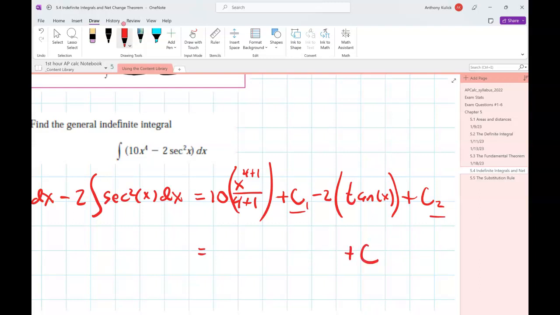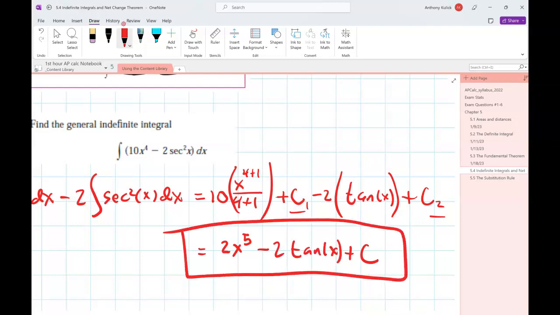I'm just going to call it c. You could call it c3. That's fine. I'm just going to call it c. So what I have, 10 times x to the 5th over 5, just becomes 2x to the fifth, and then negative 2 times tangent x is negative 2 tan x. And I'm done.